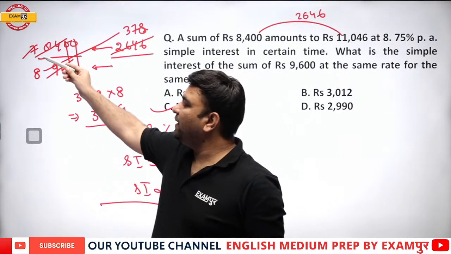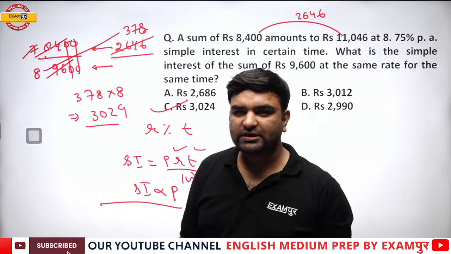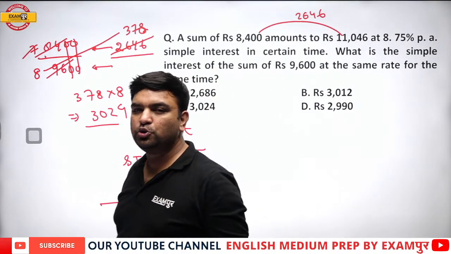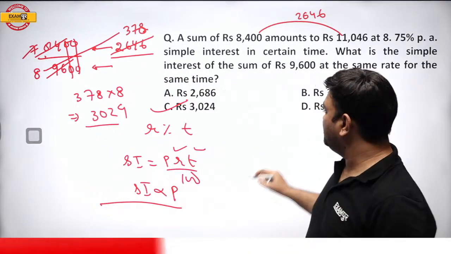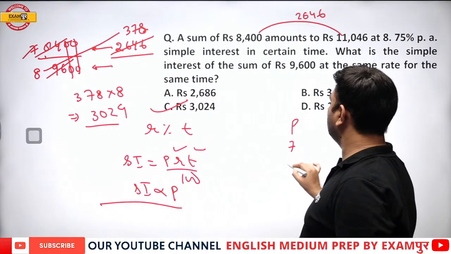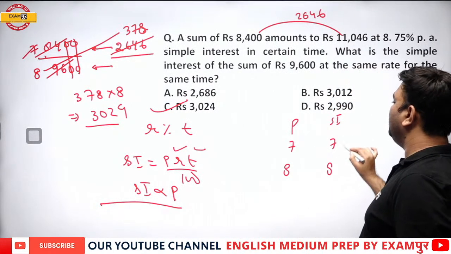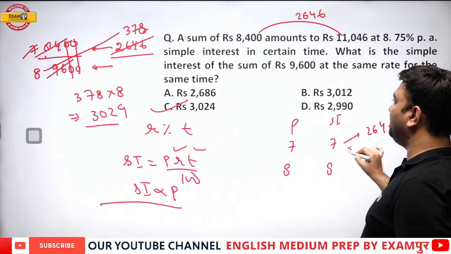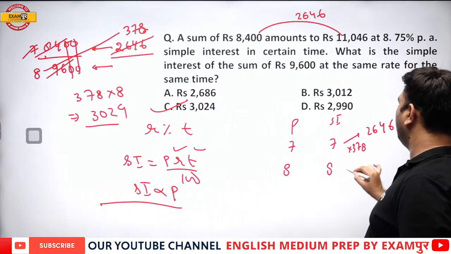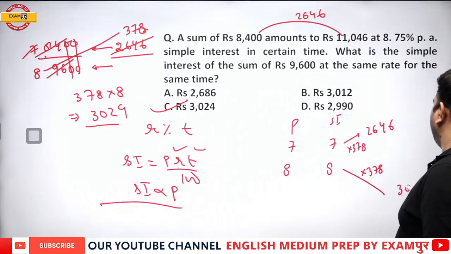So if principal is in the ratio 7:8, SI should also be in the ratio 7:8. Initial SI was 2646, so the multiplication factor is 378. So final SI is 8 into 378, 3024.